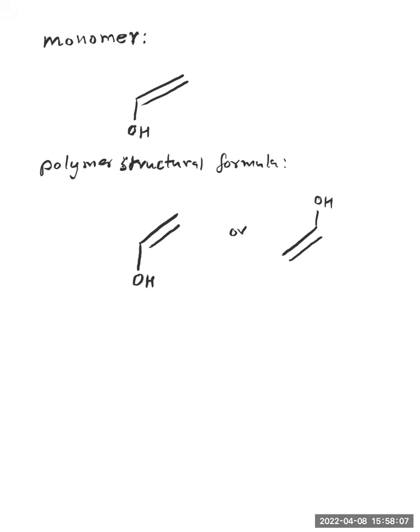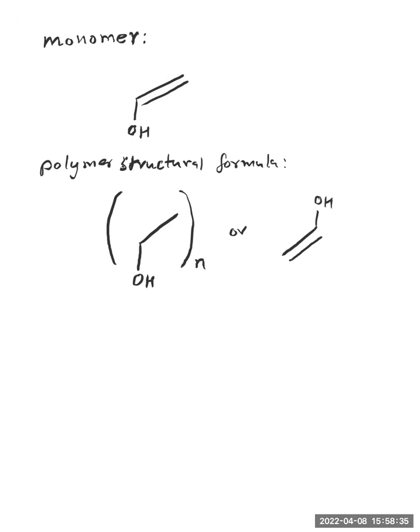When we come up with the structural formula, we get rid of the double bond. We just keep a single bond, and instead we draw parentheses around it, and we write that this is repeated n times.